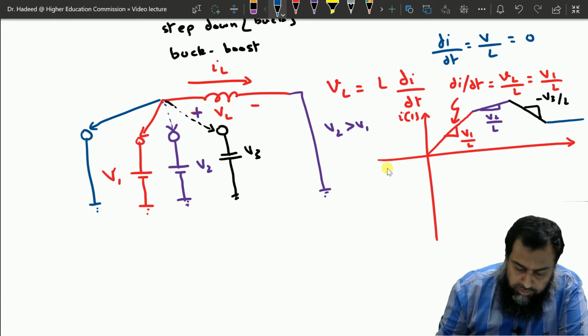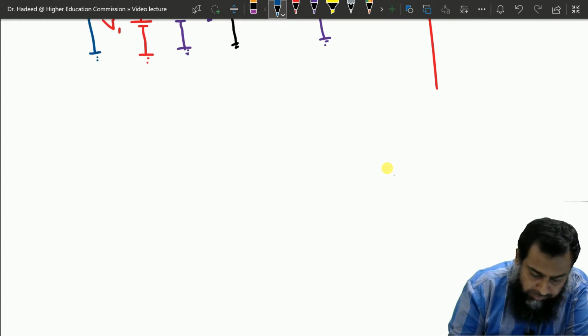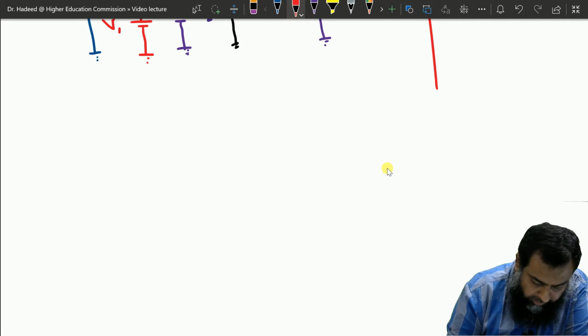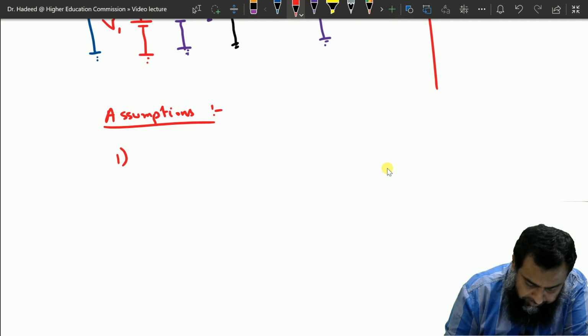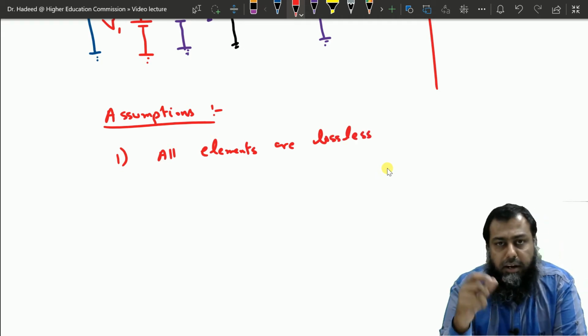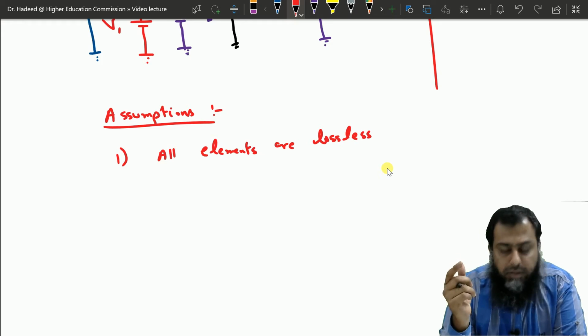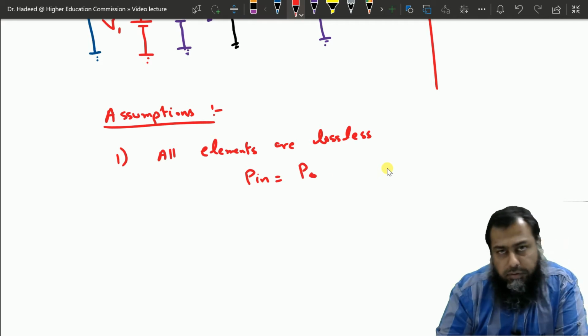Now let us move on with the concept of the DC to DC converters. Before we proceed further, let me outline the assumptions for the analysis of the DC to DC converter. The first assumption is that all the elements are lossless, which means that the converter shall be operating at 100% efficiency, such that we have the input power equal to the output power.